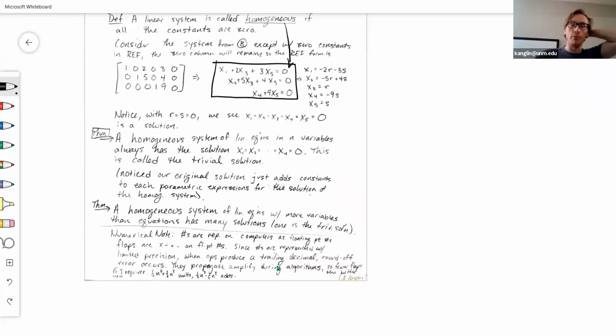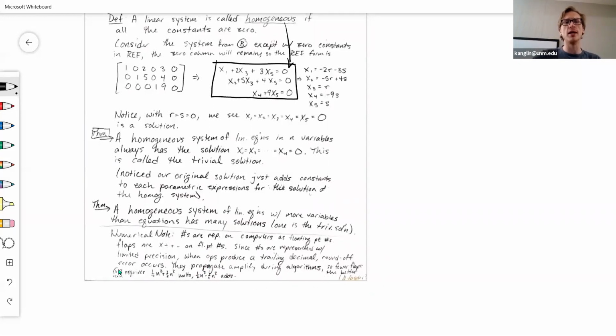If we do a lot of operations, we call these flops, floating point operations, then those errors propagate through the calculations and they get amplified in some cases. So fewer operations is always good.